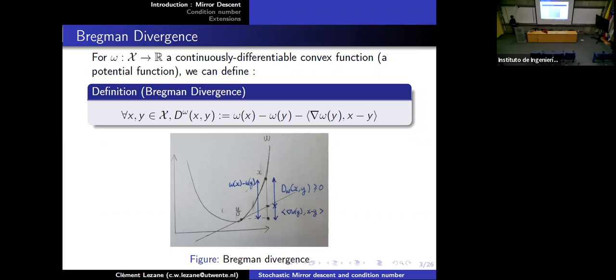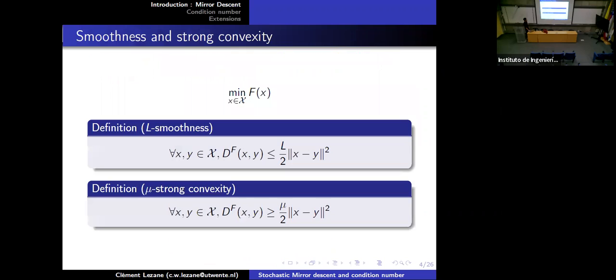So in that case, this is the distance, but that's not always the case, and that's why we call it a divergence, not a distance. It's not always symmetric. This is kind of important for convex optimization. And once you are familiar with that, we can think about introducing our problem.